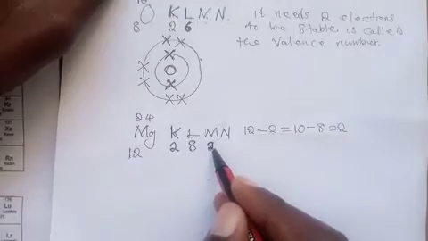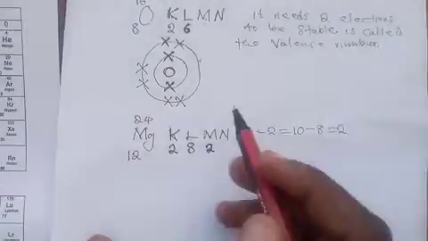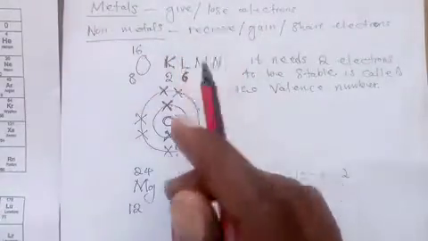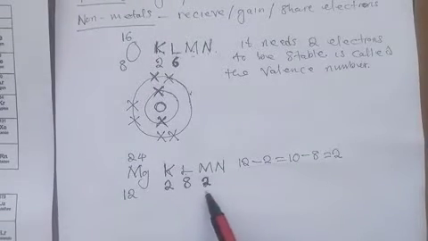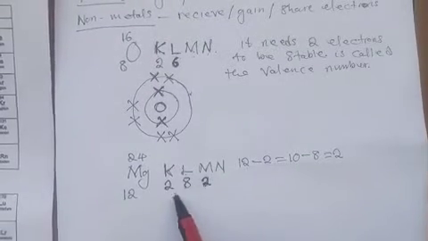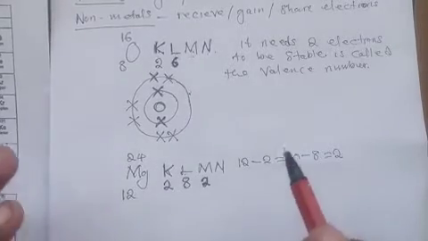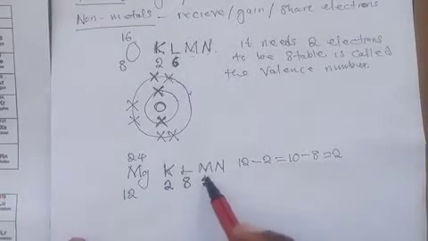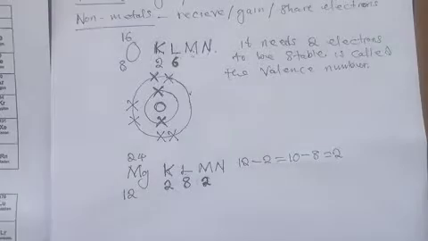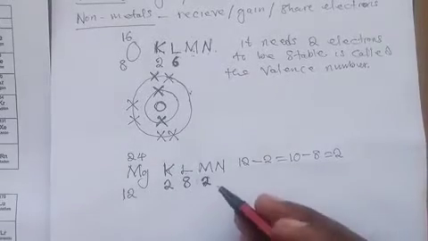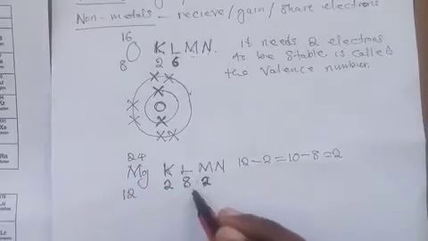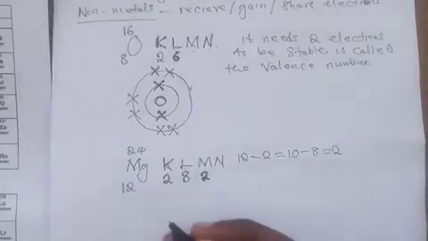So this one needs to give; I said metals give or lose electrons. So it's supposed to give 2 electrons to a non-metal. Metals don't give to metals, they give to non-metals. Any non-metal that wants 2 electrons, this magnesium will be able to give it when it reacts.